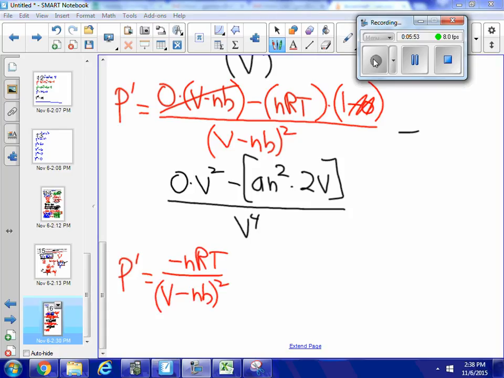And then let's simplify this black piece. Minus, well, this is going to be 0. That's going to cancel out. So it's going to be negative, well, I can just multiply this so I can move my constant to the front there, 2AN squared V over V to the fourth.